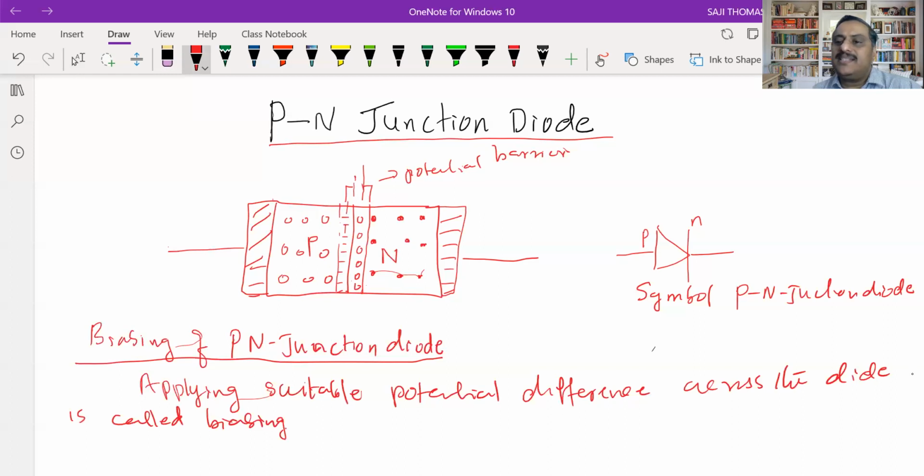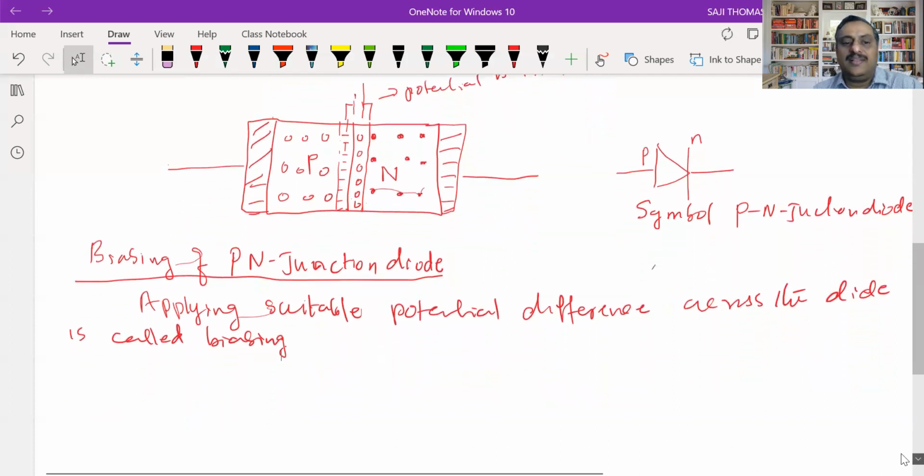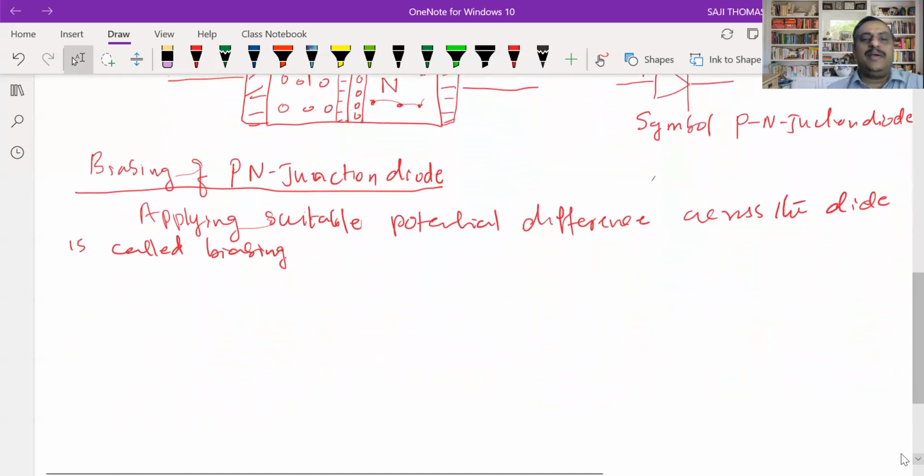So why biasing is needed? At the equilibrium, when the PN junction is formed, it will not conduct because of the development of the potential barrier. We have to overcome the potential barrier. That is why we have to apply an external voltage across the junction. This process is called biasing of PN junction diode.